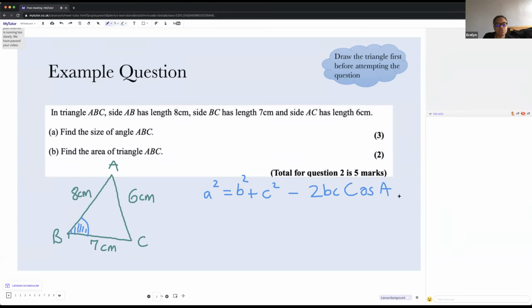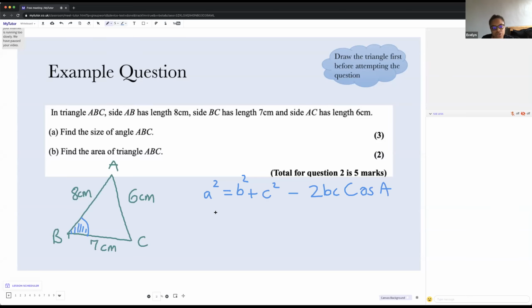Some of you might have already memorized what it is when you rearrange it. Some of you might only know it this way. Now, you don't have to remember both. As long as you remember how to rearrange equations properly, you only need to remember one. So first of all I'm going to show you how to rearrange this properly.